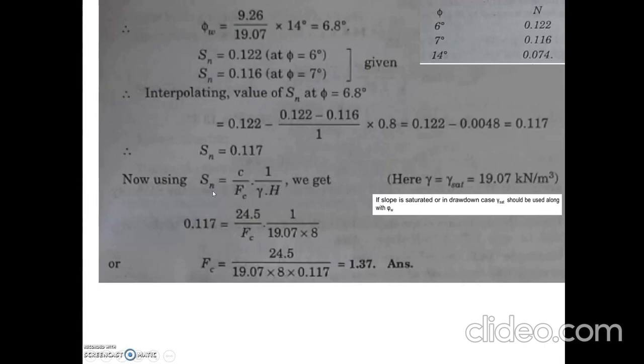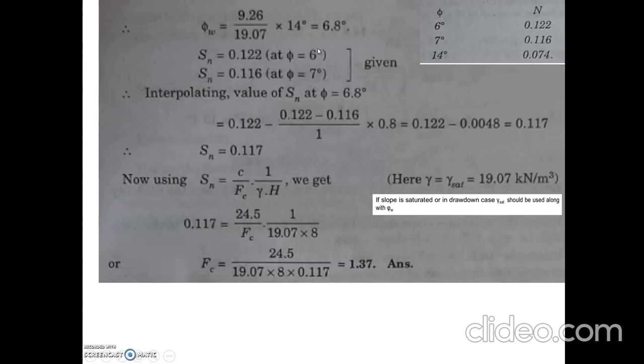Now here the value of stability number is not known. We will have to find out what is Sn. So here in the chart we have been given the value of stability number with respect to phi. For phi equal to 6 degree, the value of stability number is 0.122, and for phi equal to 7 degree, the value of stability number is 0.116.